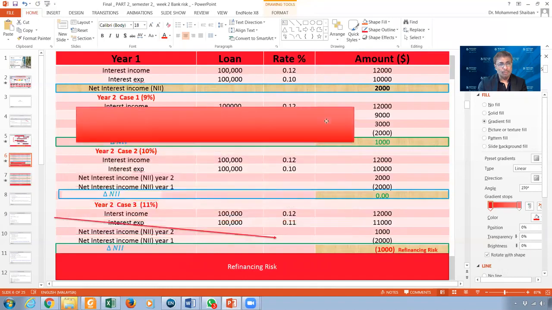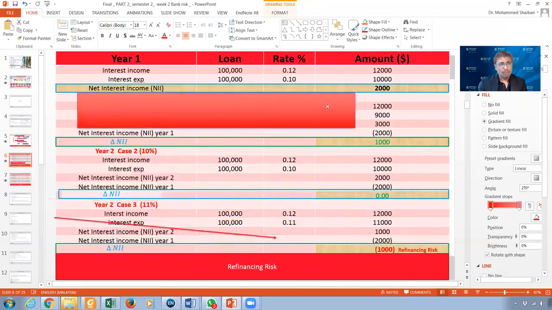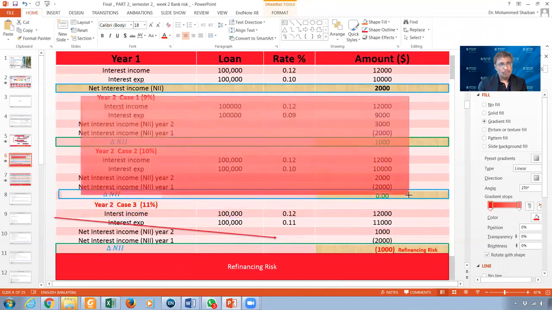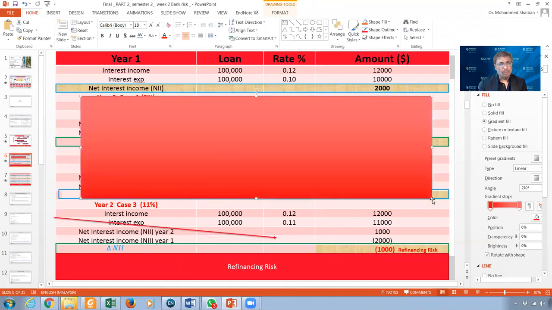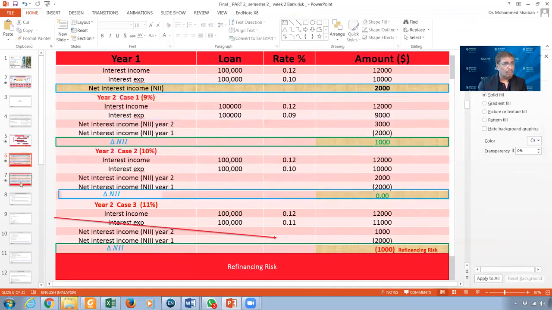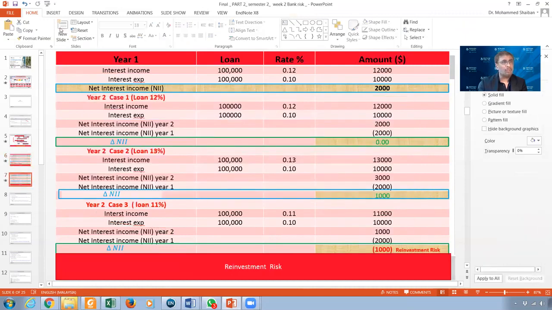It's not here, it's not here. So you can see all of this can cover, it's only this box, okay. Anyways, I don't think it's a difficult issue to understand. It's very simple, it's very straightforward.